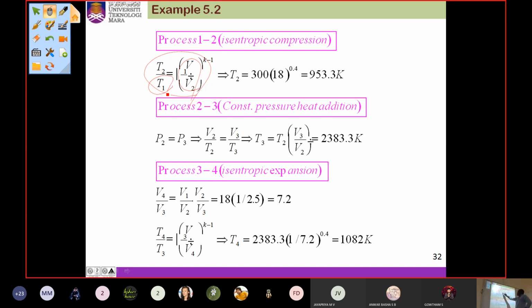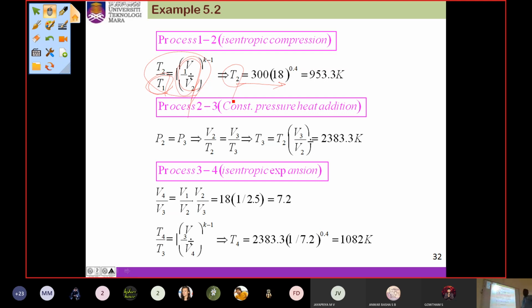If you substitute, you can get this T2. Just use your calculators, then cross check the values. Then only you can get the practice. So if you substitute for the process 1 to 2, you can get the value. So that will be 3.3 Kelvin.